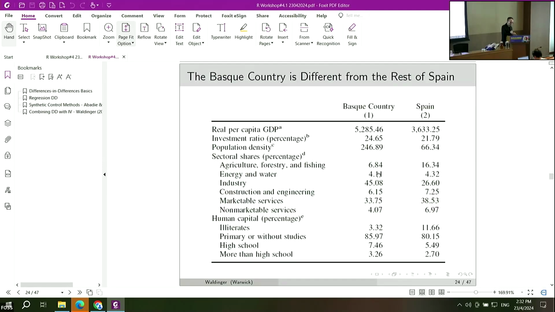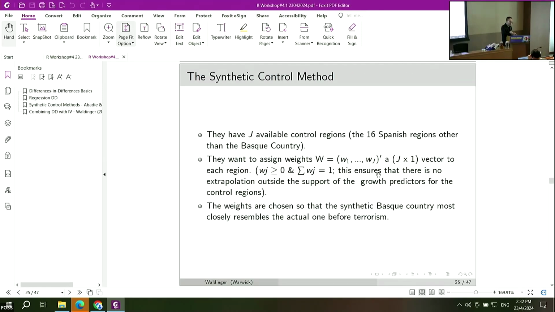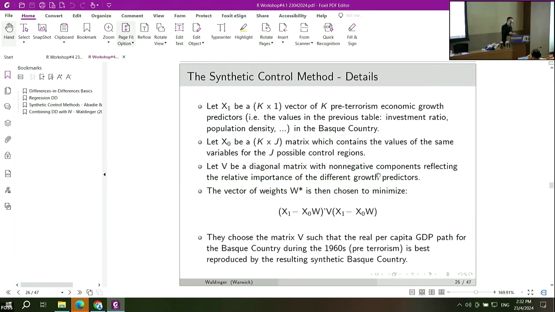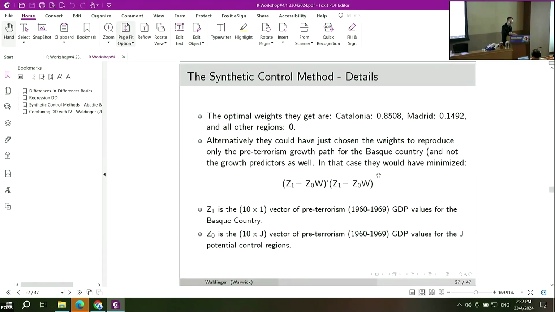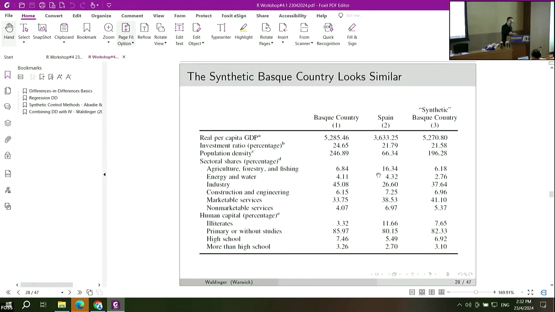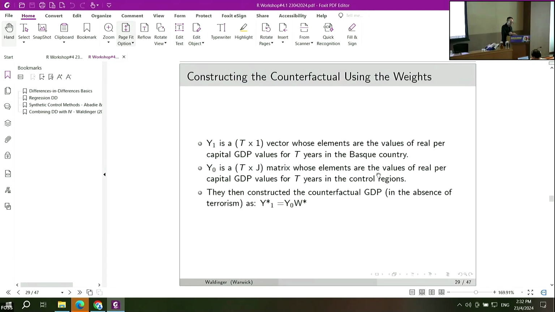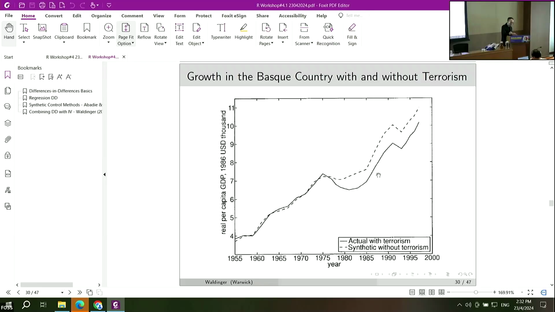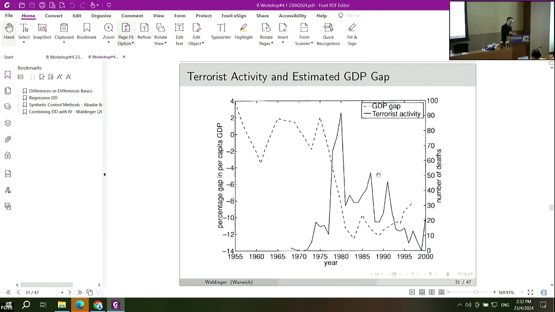So they're trying to identify how much has changed given the terrorism. There's what we call the synthetic control method, which is an interpretation of difference in difference, and constructing the counterfactual will be using weights. This is a bit more sophisticated, but the idea is about without terrorism and with terrorism, etc.